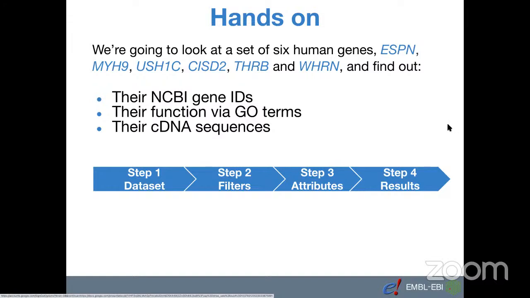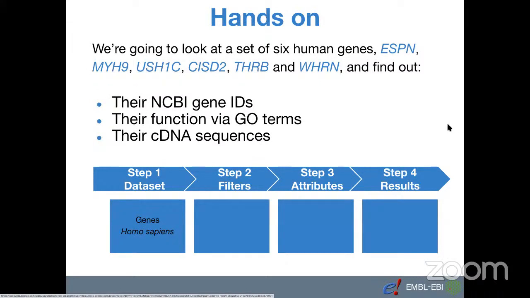So if I look at step 1 for this query, we would first need to specify that the data set that we're using is genes. The species that we're using is Homo sapiens, because we're interested in 6 human genes, and we have their names here. Then step 2 is filters. So these are things that you want to search with.